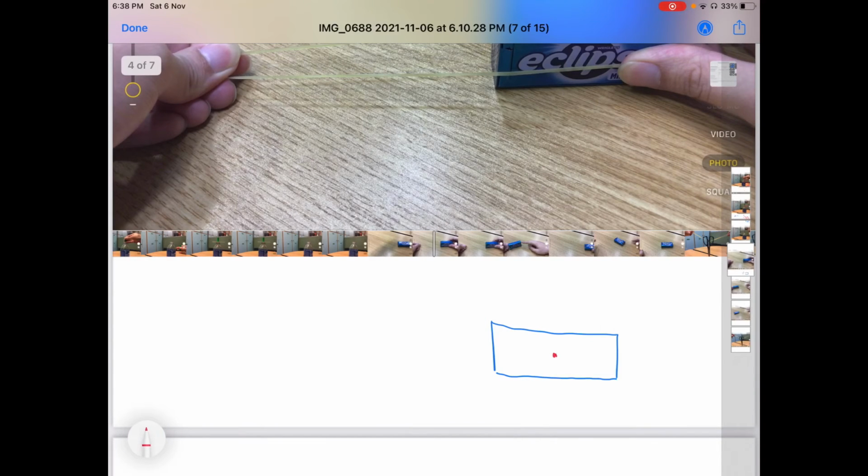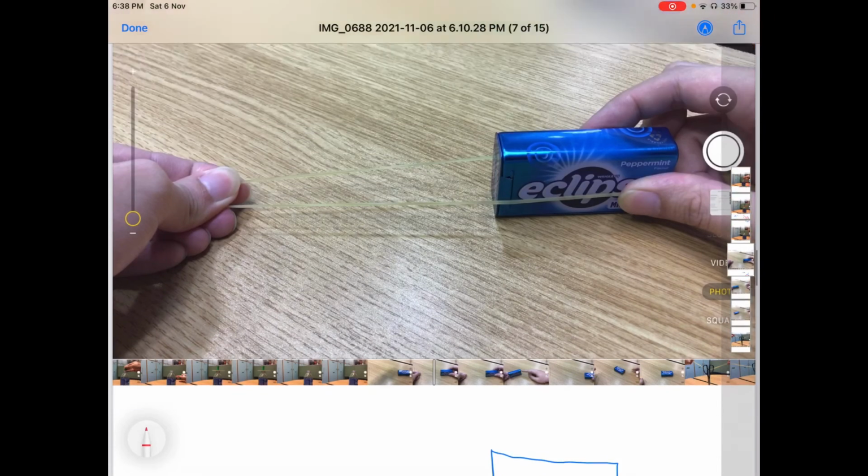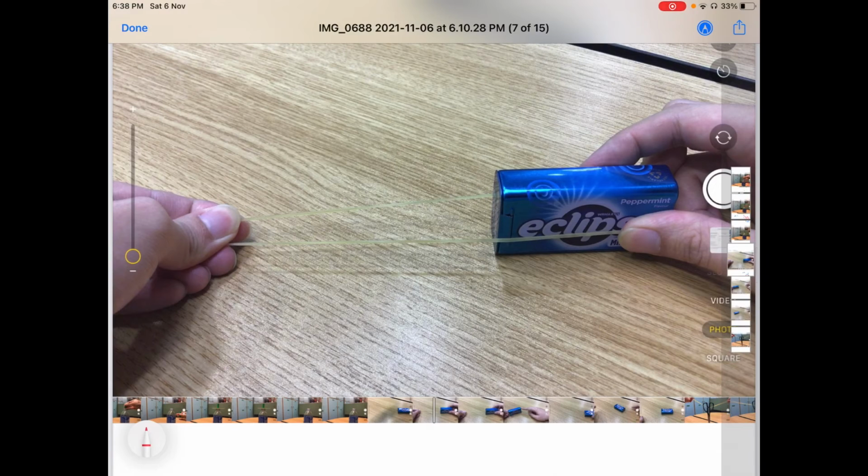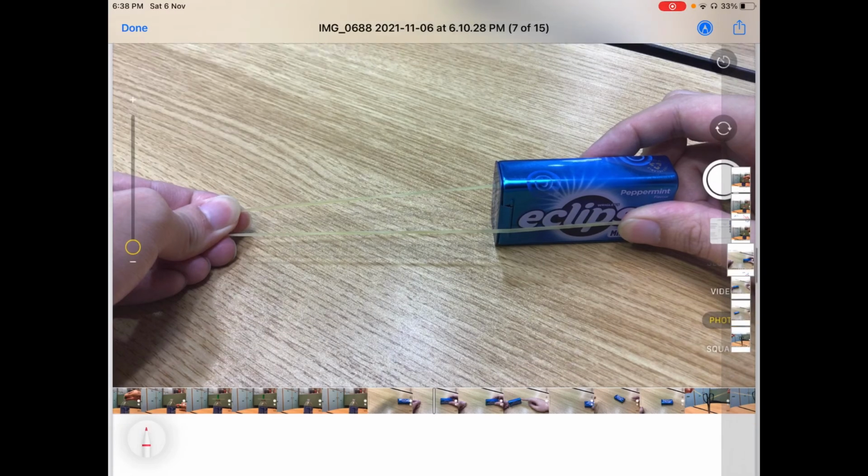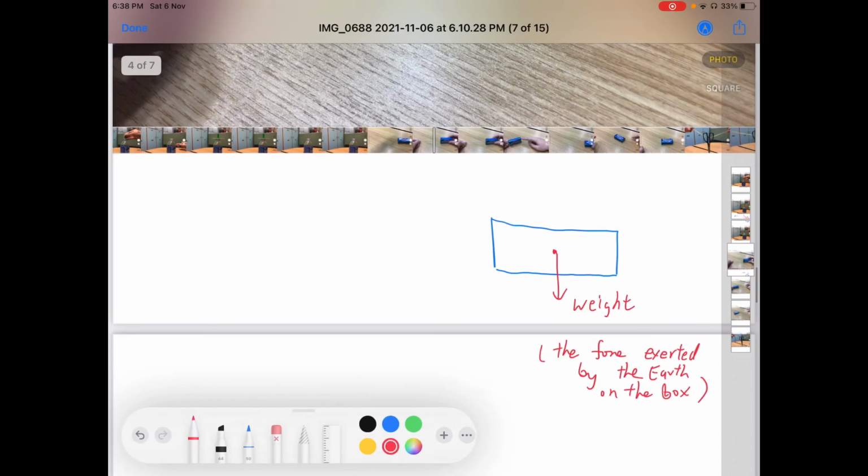First one is that there is a force of gravity. Well, actually, we can call it weight. But why will it not fall down? And obviously, in this case, there is a table below to support this box, and give it a supporting force.